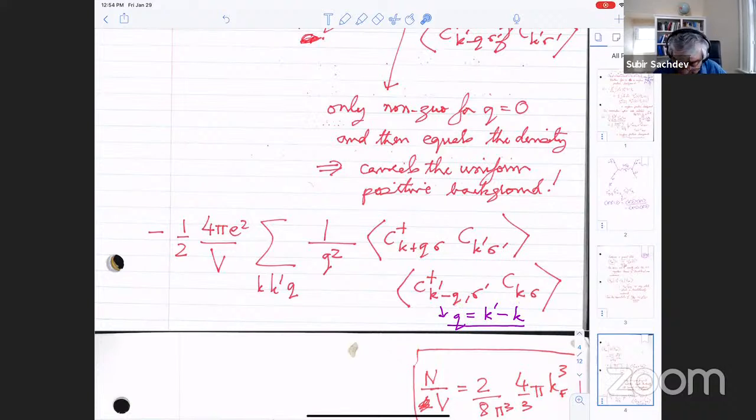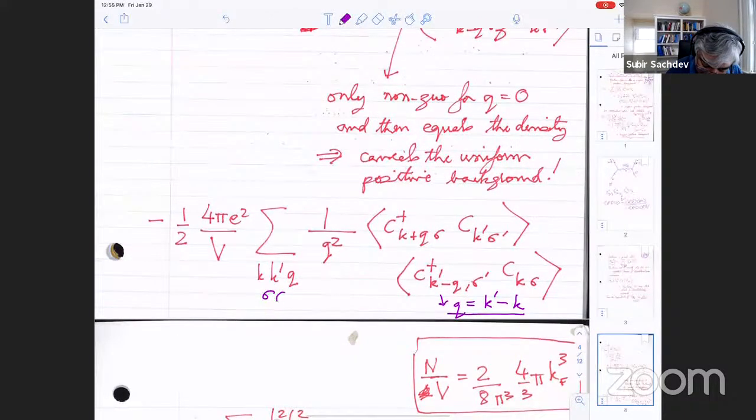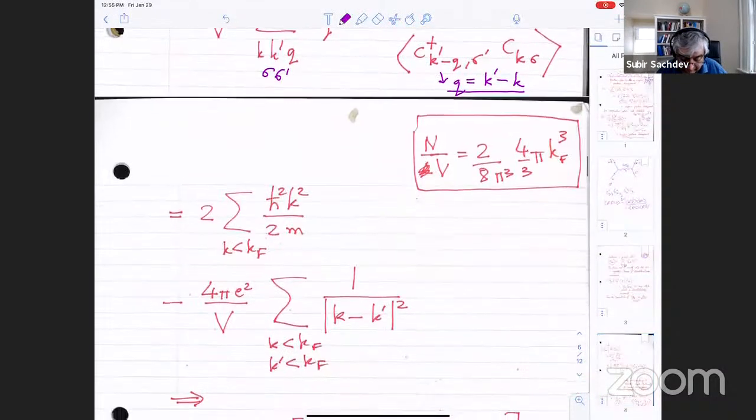Not just that, there's a factor of spin: initially sigma and sigma prime could be different, but now they have to be the same, otherwise this is 0. So the factor of 1/2 doesn't disappear because of the spin, but the sum over sigma and sigma prime will only give you a factor of 2, not a factor of 4, as you might have initially thought.